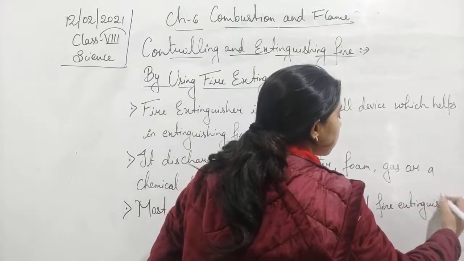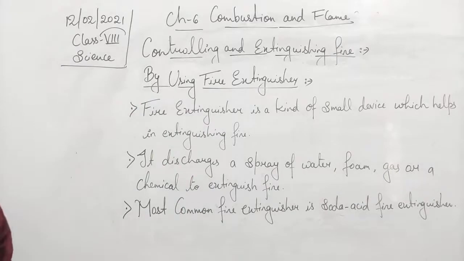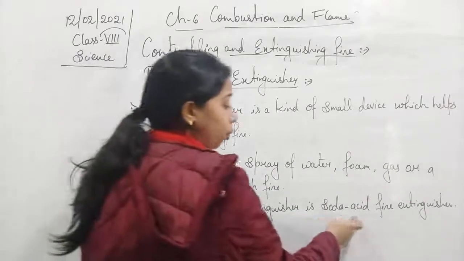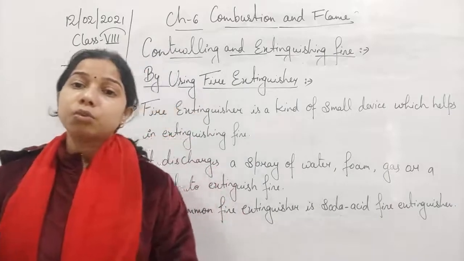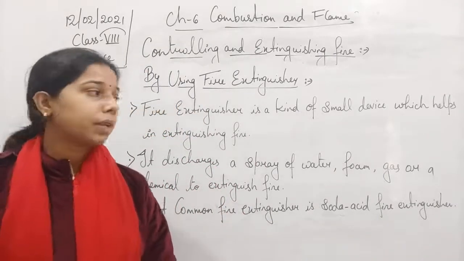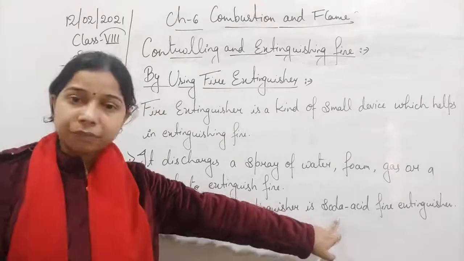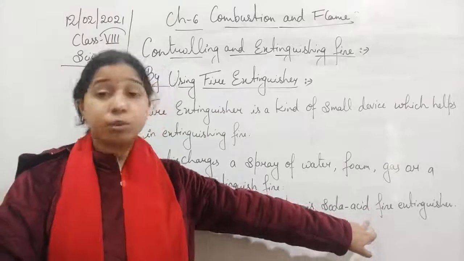So basically, in a soda acid extinguisher, as the name itself explains, soda and acid. For soda, we use sodium bicarbonate, which is also known as baking soda, and for acid, we use sulfuric acid.